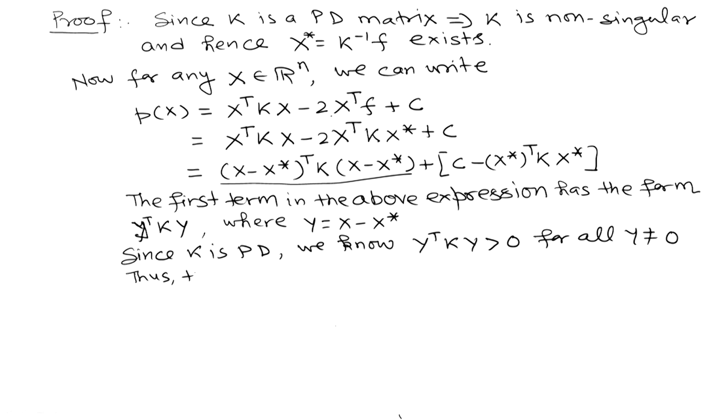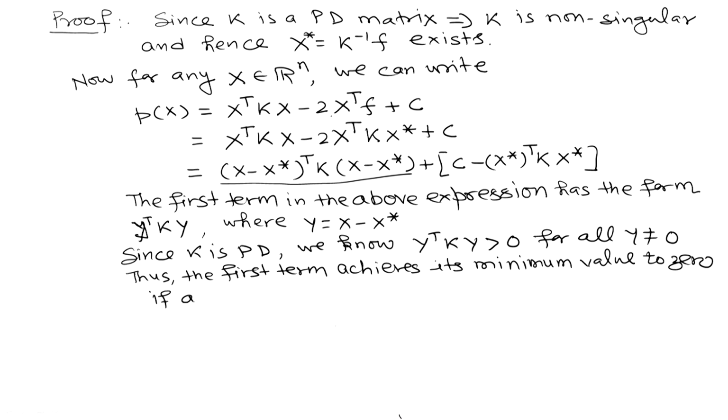Thus, the first term, the underlying term, achieves its minimum value, because it is a quadratic term, to 0 if and only if y equals to 0, because then only this term will become 0, and this implies y equals x minus x star.